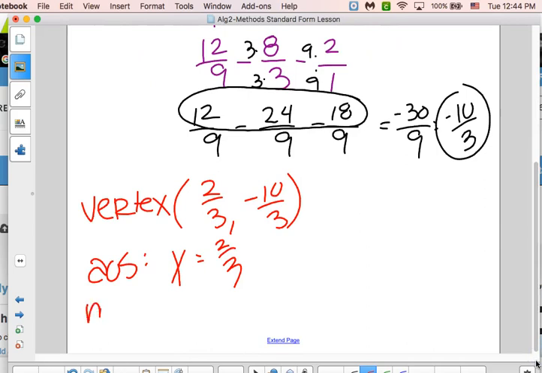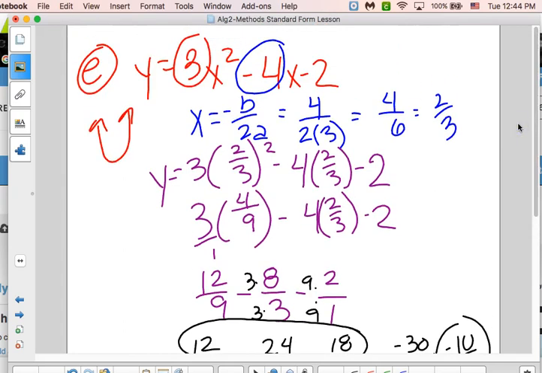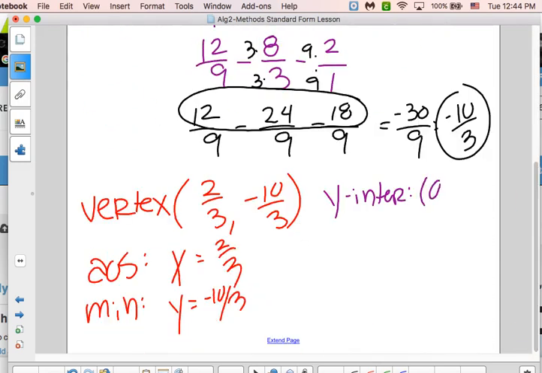It has a minimum. Where does the minimum have to be at? It's always just going to be whatever that y value is. The y-intercept, that's the new one. Up in this equation, which of those spots is your y-intercept? The C. So that's just going to be at 0, -2.